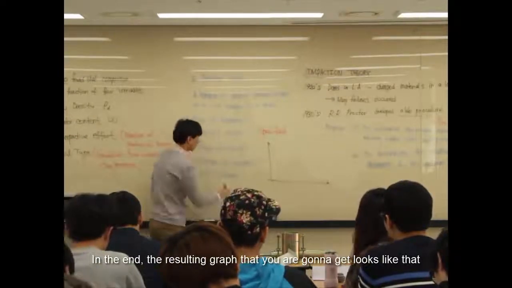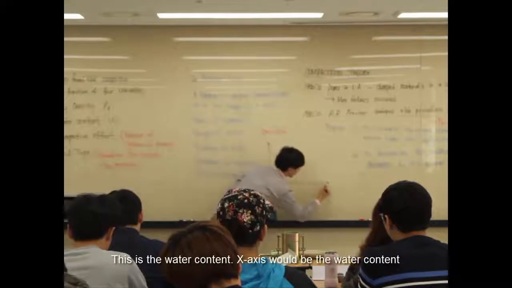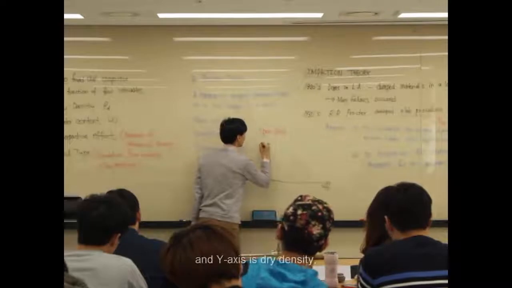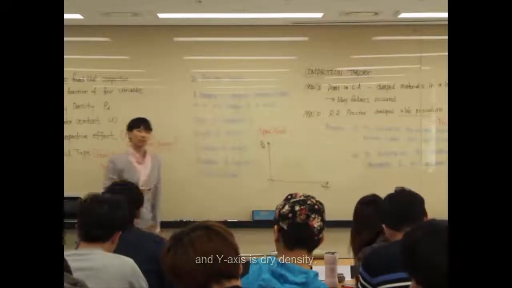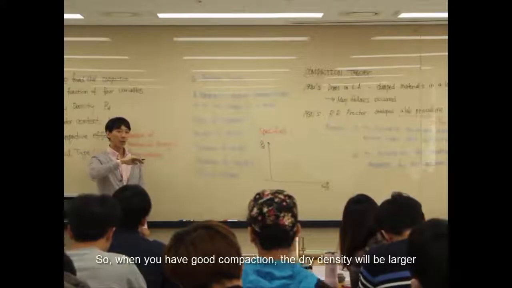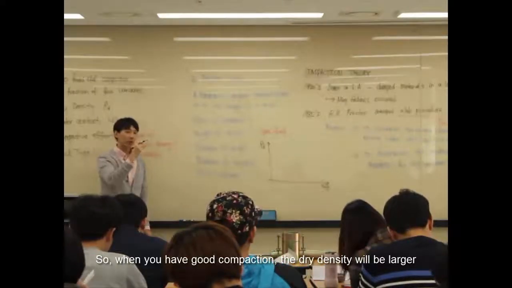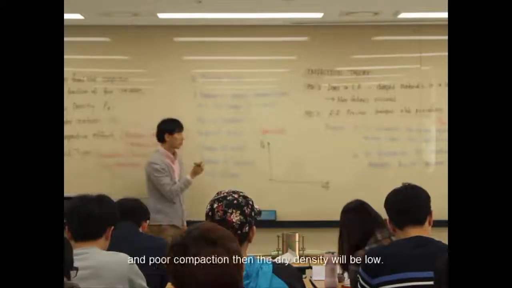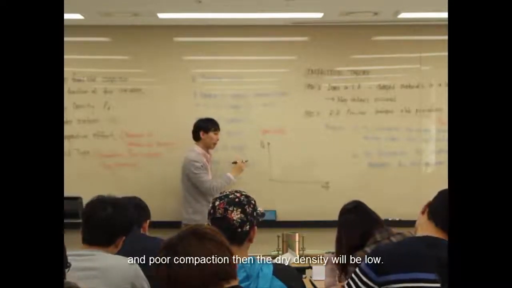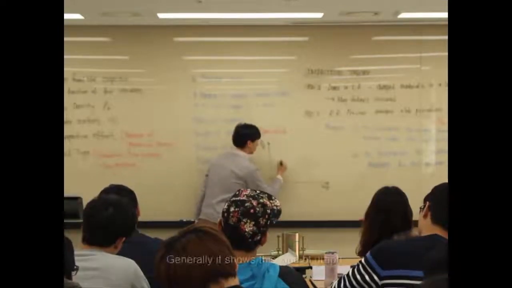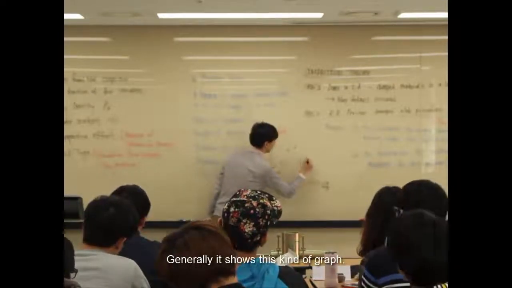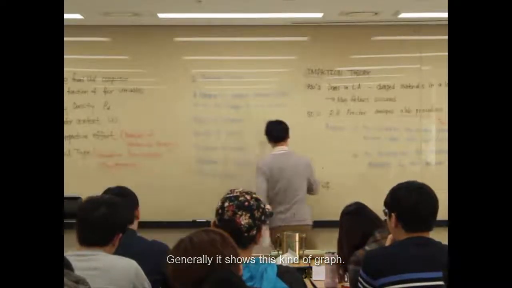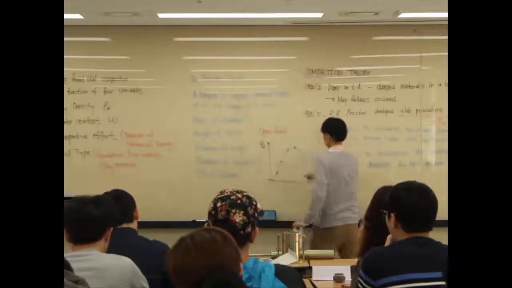will look like this. The x-axis will be the water content, and the y-axis is dry density. When you have good compaction, the dry density will be larger. When you have poor compaction, the dry density will be low. The graph generally shows this kind of shape.